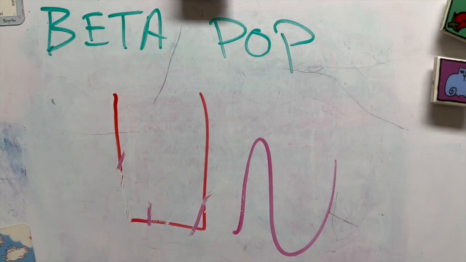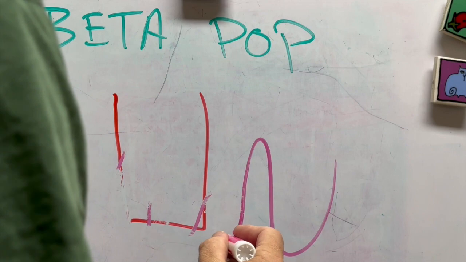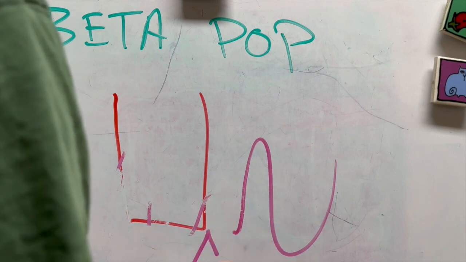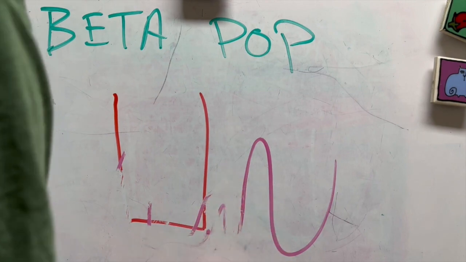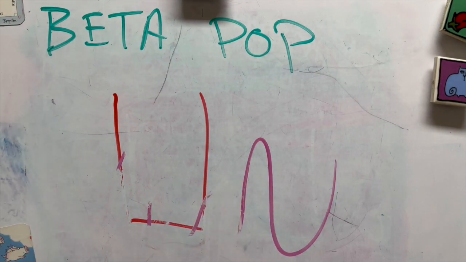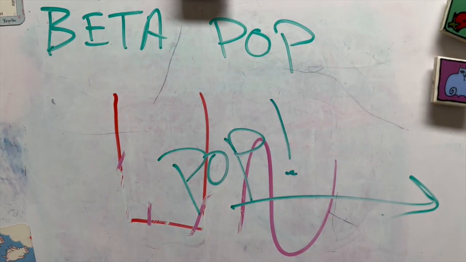In that case, it's carrying a great deal of energy suddenly and instantaneously, and that causes a little bit of a pop. But the electron is out, and we have our beta decay. Pop. It also pushes the neutron or the proton back the other way.